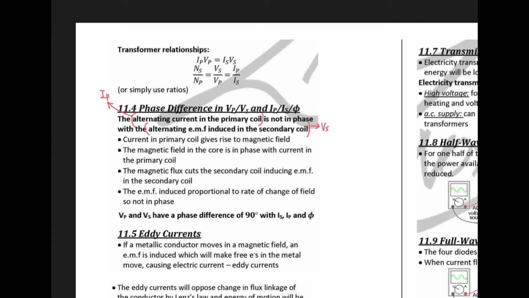Let's say for example, if your IP is the red color graph like this, let's say the red one is IP. Here is I or V, let's say, and this is T. Then your VS, which is not in phase, the graph looks different.